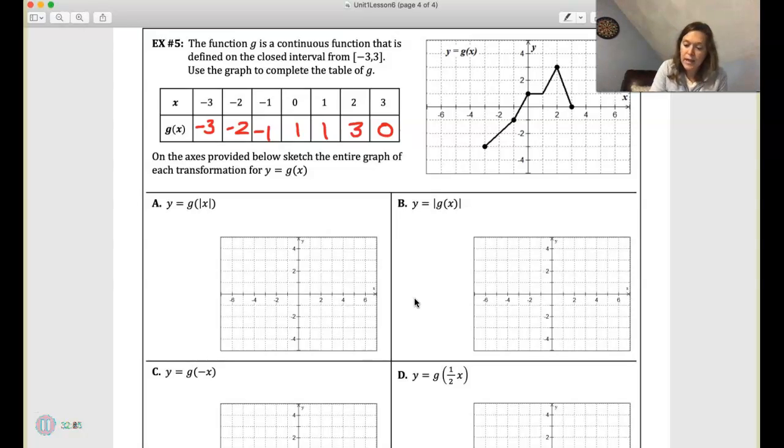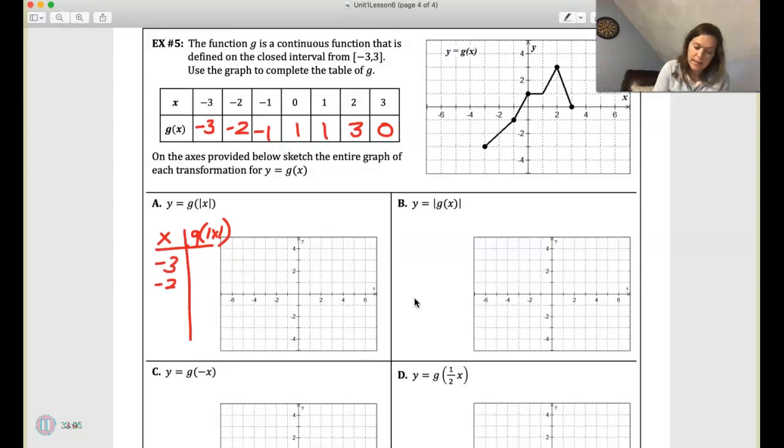Okay, so now for part A, I'm going to make a quick table of values this way, just because that's where I have space. We're going to be taking the absolute value of our x and then plugging it back in. So we're doing our x values, and then we're going to figure out what my new output would be with the absolute value of that x. So my x's are not changing.